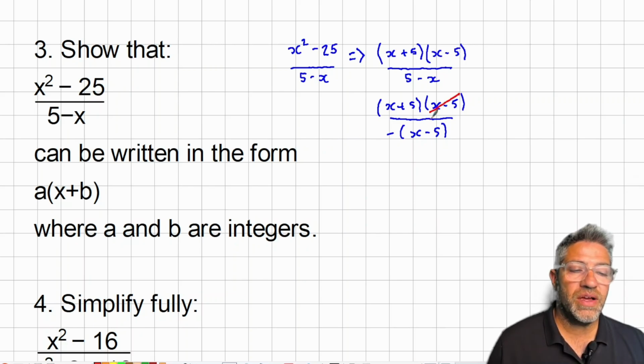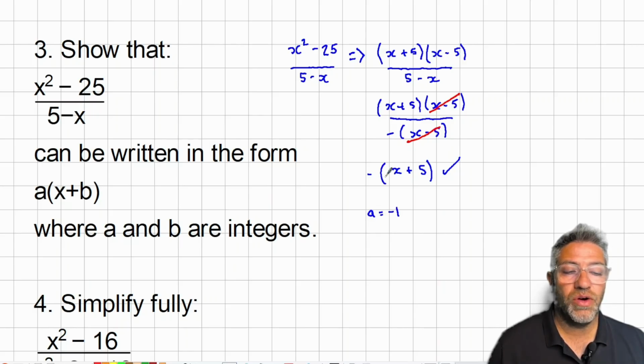We have an x minus 5 term in the numerator and an x minus 5 term in the denominator. So our answer becomes negative of x plus 5. And actually this is now written in the form that we want, but let's make it even more clear. In this particular case, a is -1. We could write the 1 there, but we tend not to when we only have 1 as our coefficient. And b equals 5.